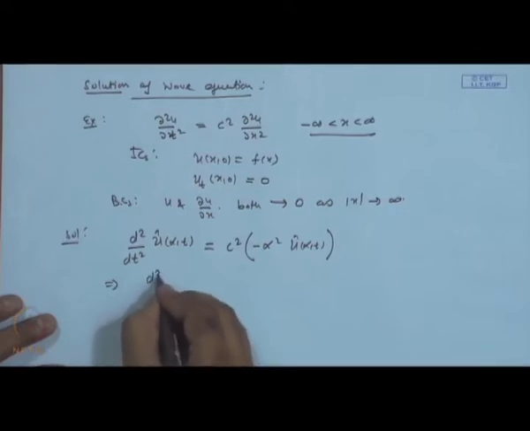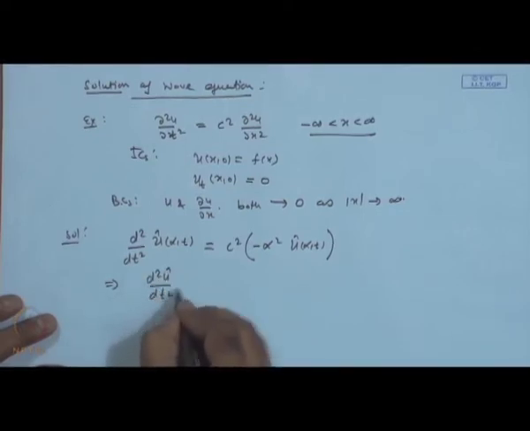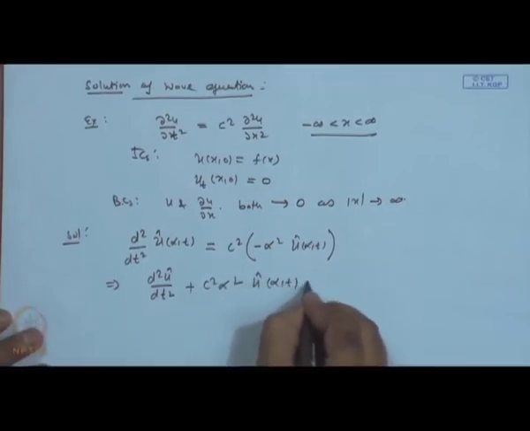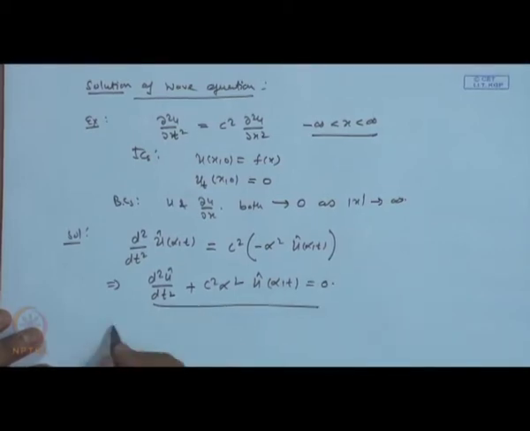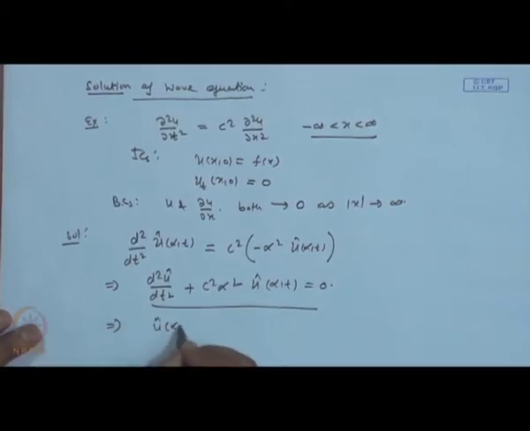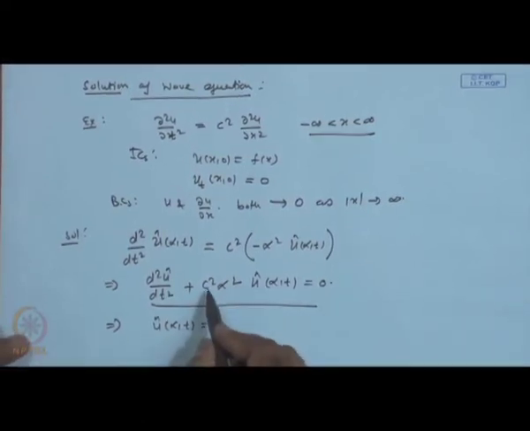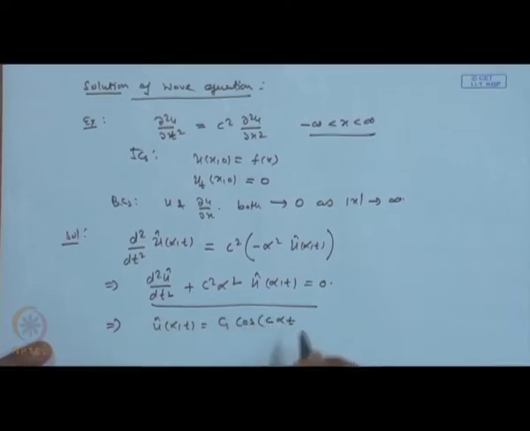So our equation is d²û/dt² plus c²α² û(α, t) is equal to 0, and for its general solution the characteristic equation is m² plus c²α² is equal to 0. So the roots will be plus or minus cαi. For that we have the solution C1 cos(cαt) plus C2 sin(cαt).